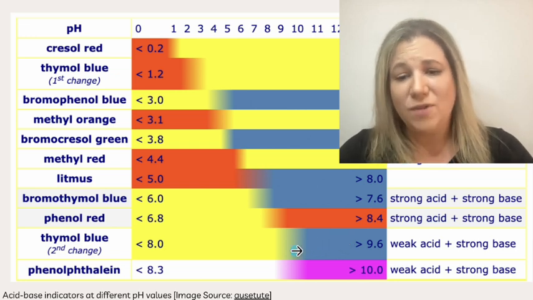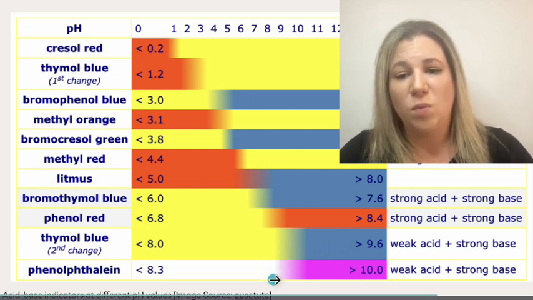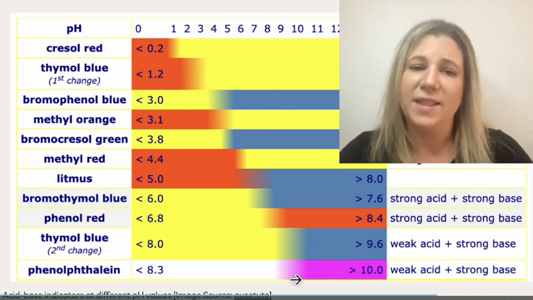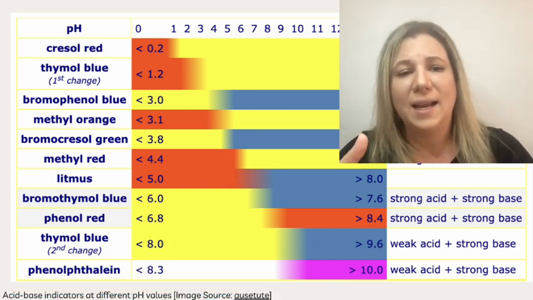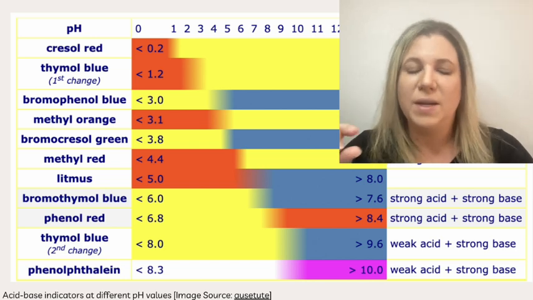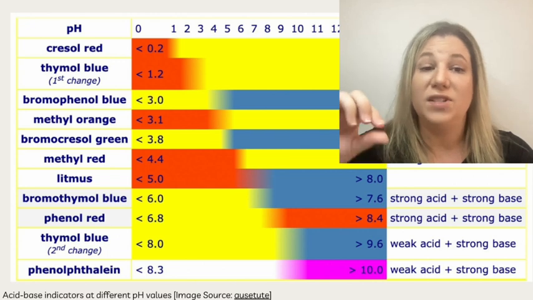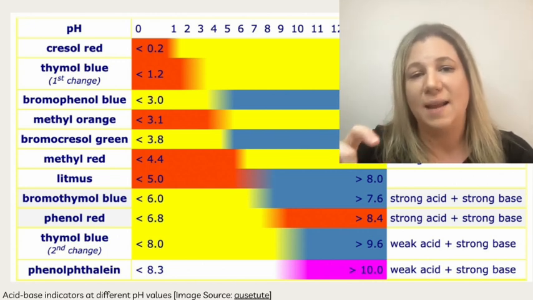Now, you might have noticed that we don't have one here for a weak acid and a weak base. The reason for that is that an indicator is not precise enough to find the endpoint, because the endpoint in a weak acid and a weak base doesn't have enough of a zone for us to take that endpoint.